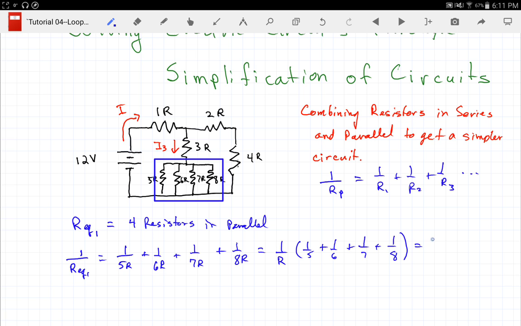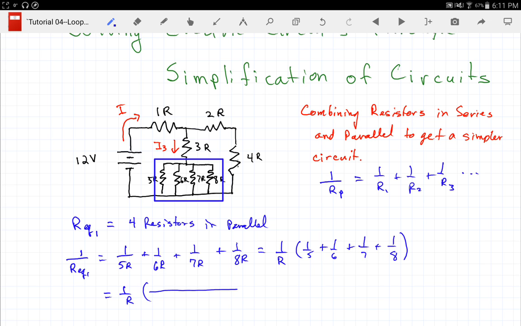I'm going to have 1 over R times, and on top I'll have the sum of these numbers, 5 plus 6 plus, actually no, I won't have that. I will have something crazy on top, and I haven't pre-calculated this, so I have to do it manually. I'm going to need more space, so let me put it down below. 1 over R times, I'm just going to multiply everything by 5 times 6 times 7 times 8.